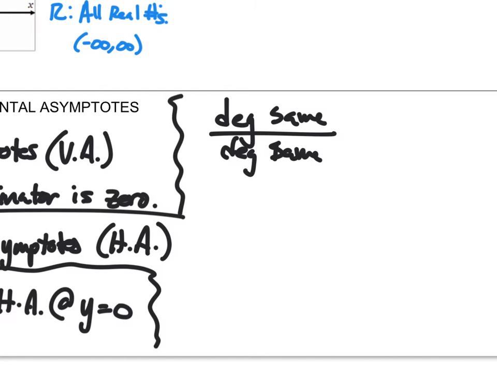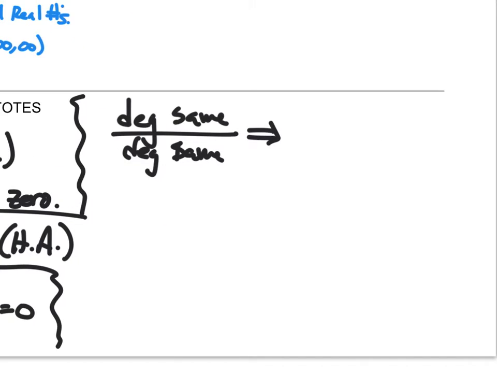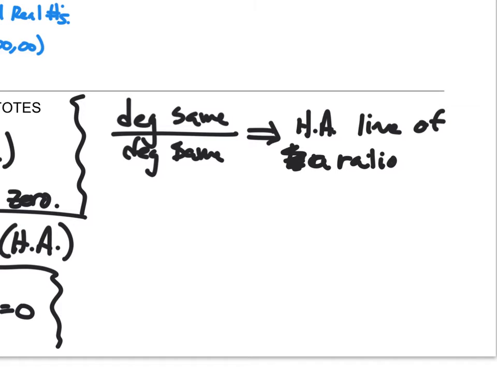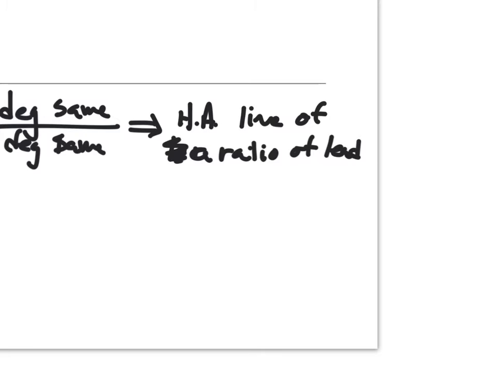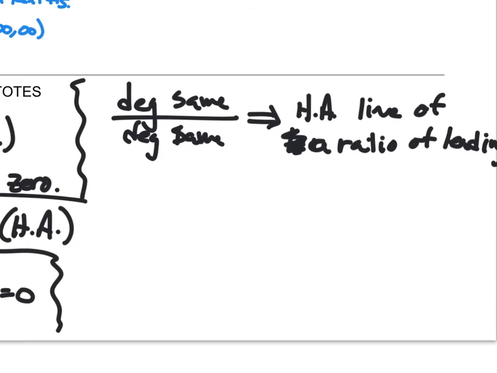Then this leads you to having a horizontal asymptote at the line of the ratio of leading coefficients. We'll talk all about this, but we just want to get it down.